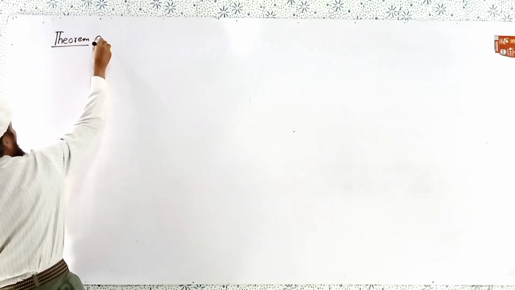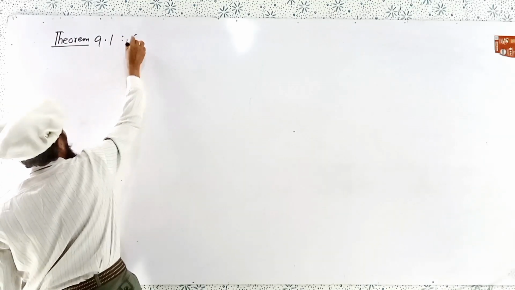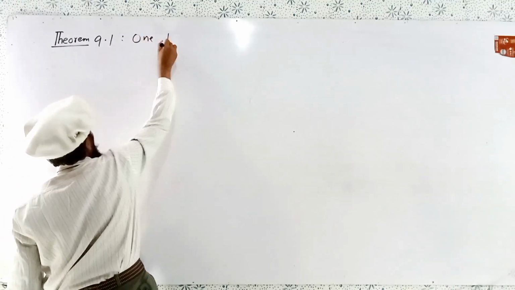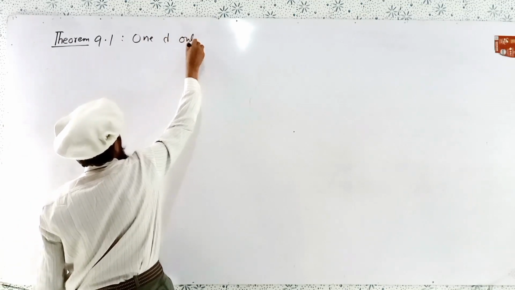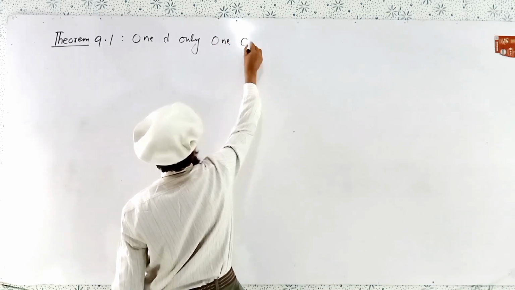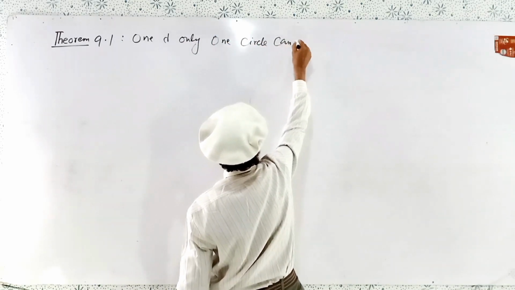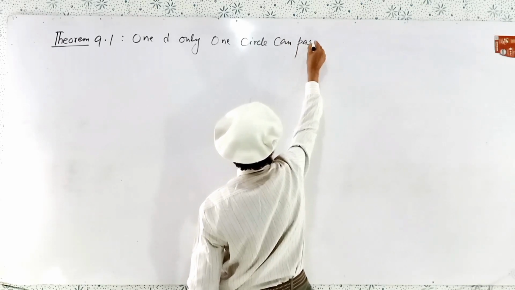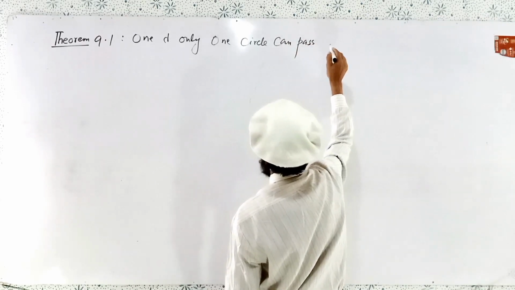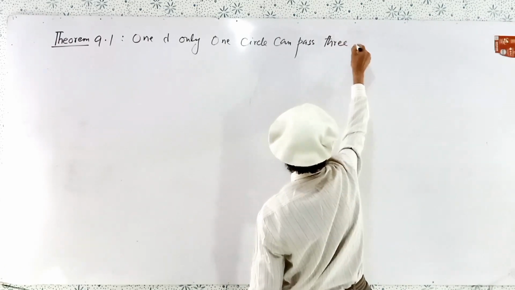Theorem 9.1: one and only one circle can pass through three non-collinear points.